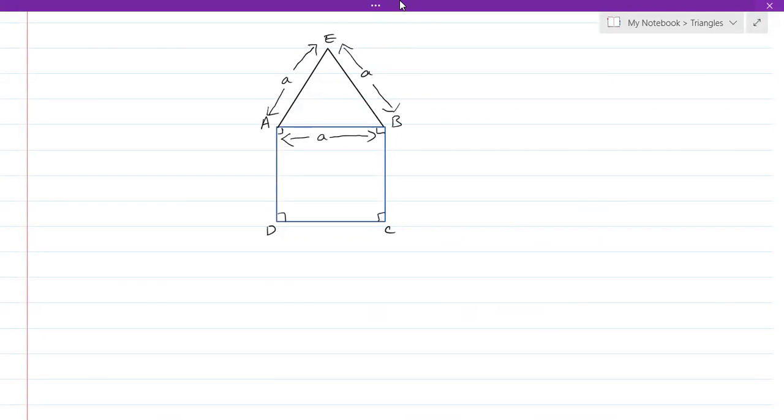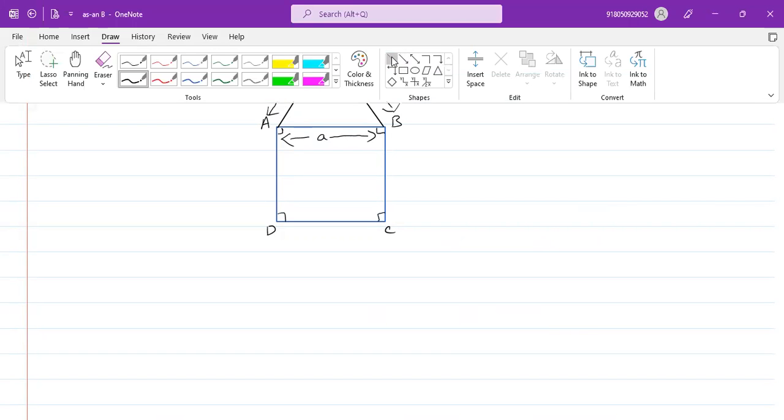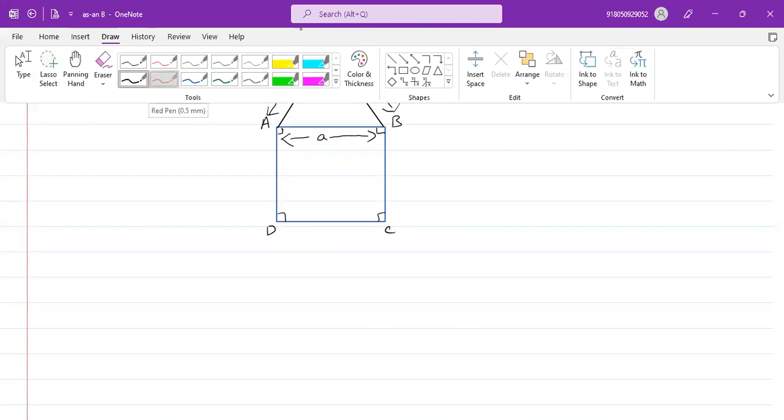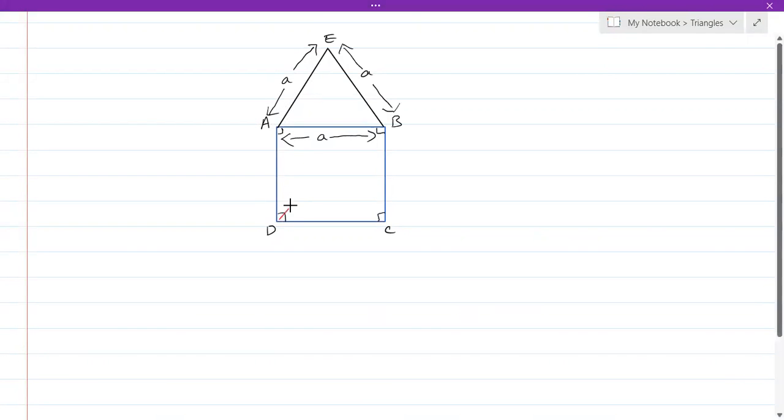Similarly, let's draw a diagonal and construct an equilateral triangle. First, let's draw a diagonal. Let's take a line from D. Let me take another color that will be easy to understand. Let me join. This is the diagonal.